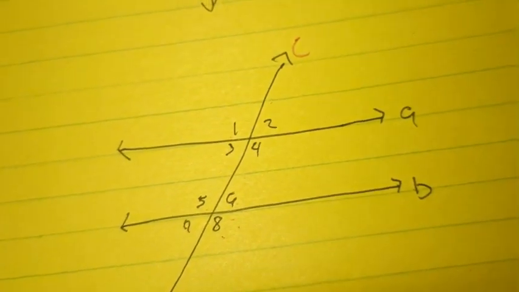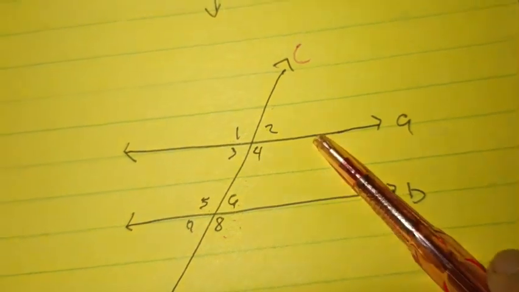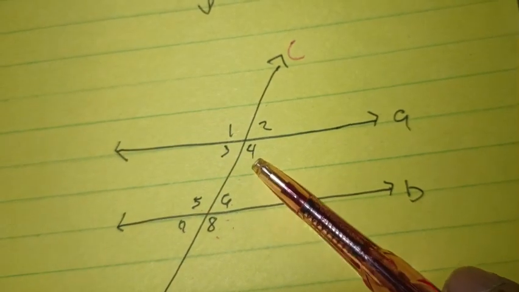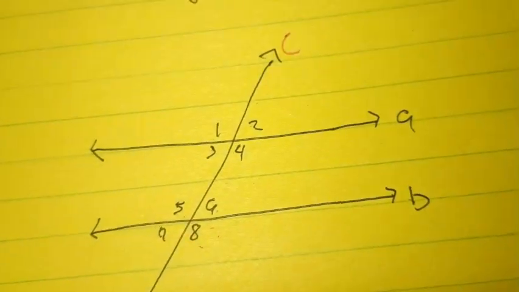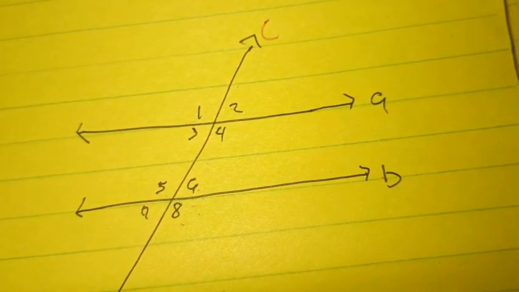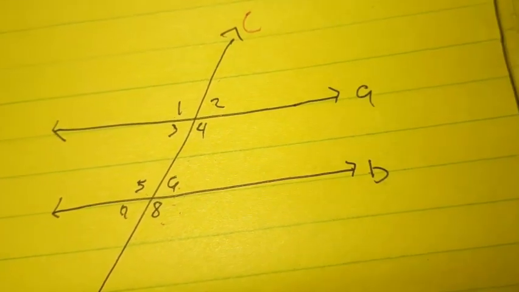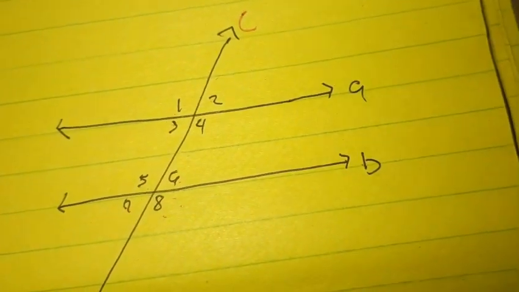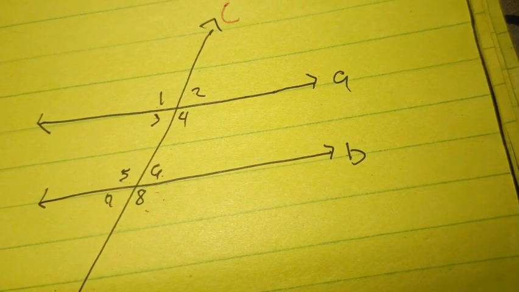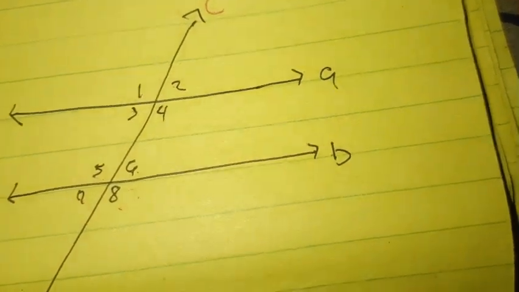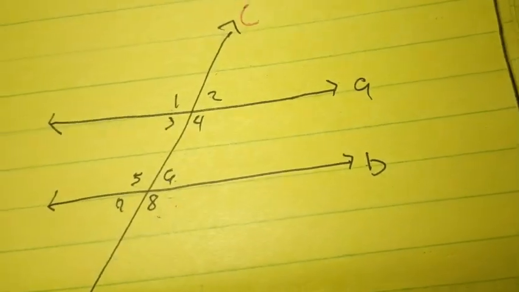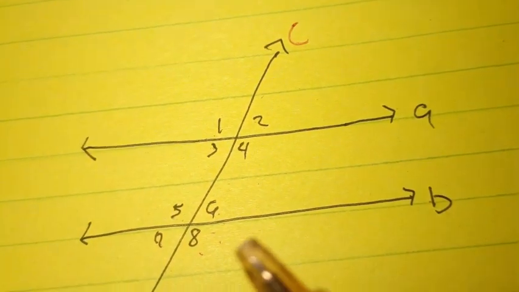So 3 is consecutive to 2 because it comes right after. If you look at this angle, the next one is 6. So those are consecutive interior angles. Consecutive interior angles add up to 180. So basically, they're supplementary angles.